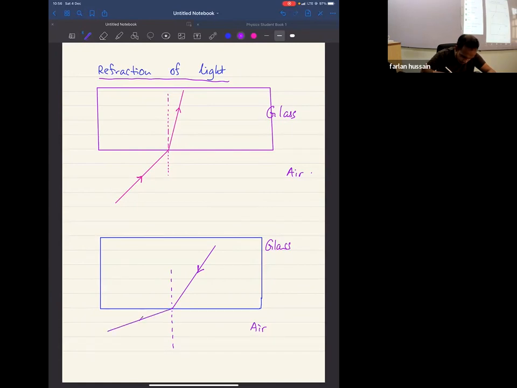The dotted line I'm showing, the perpendicular line, is the normal. So what do we call this? Refraction. You have done this once. When light enters from a denser medium to a less dense medium, it bends away from the normal. Moving from a less dense medium to a denser medium, it bends towards the normal.